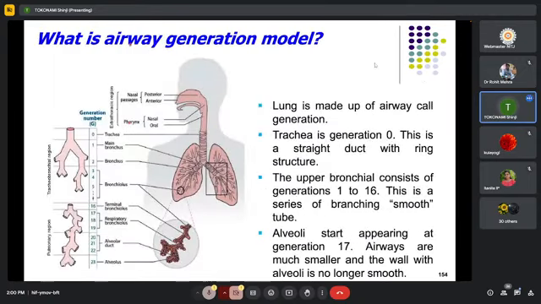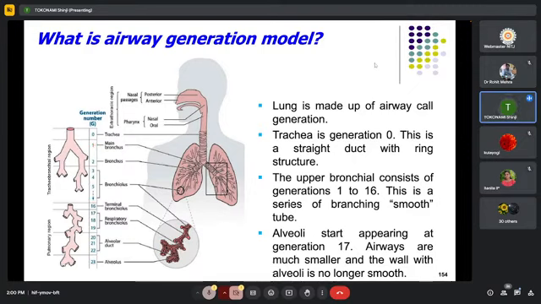What is airway generation model? Lung is made up of airways of generations. Trachea is generation zero. This is a straight duct with ring structure. Here, generation zero. The upper bronchial consists of generations 1 to 16.